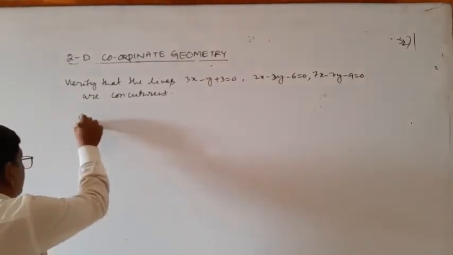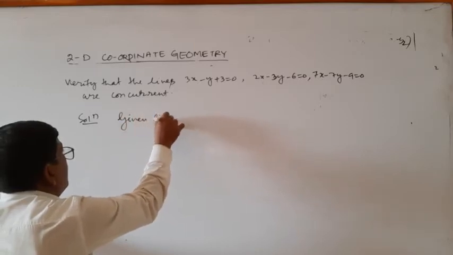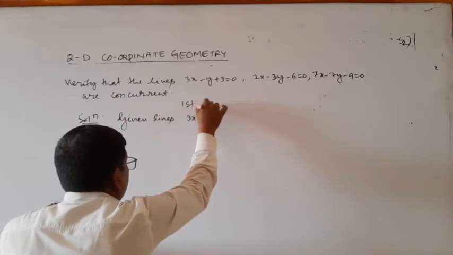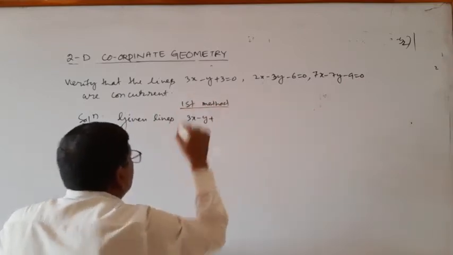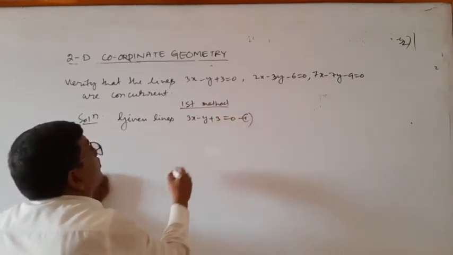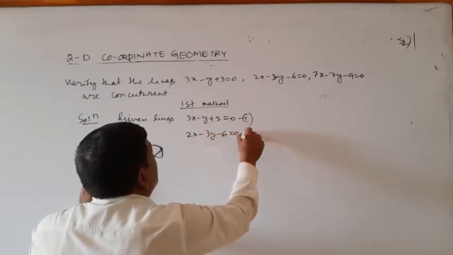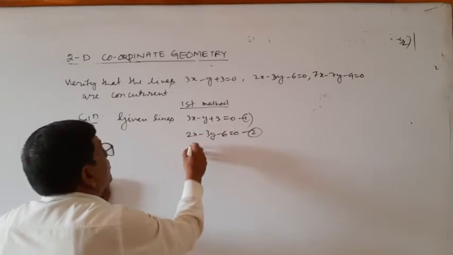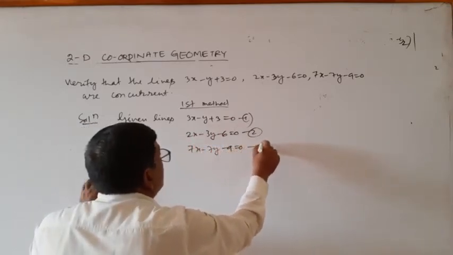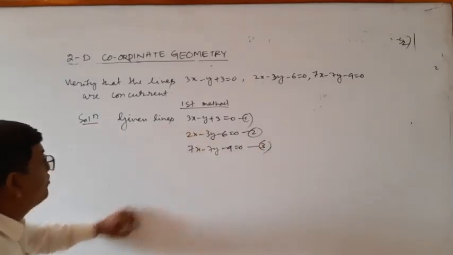Solution: given lines, using the first method, 3x minus y plus 3 is equal to 0 equation 1, 2x minus 3y minus 6 is equal to 0 equation 2, 7x minus 7y minus 9 is equal to 0 equation 3. Now find the point of intersection of.